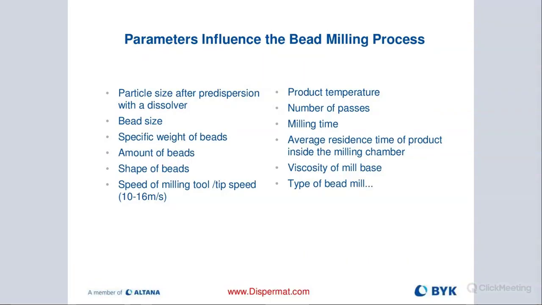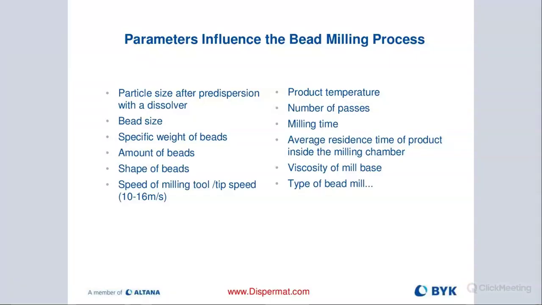Okay, so here are some of the critical parameters that are influencing our milling process. The particle size, again, 10 to 30 microns after our pre-dispersion process is ideal to guide us right into the milling process. Bead size, again, select the right size of beads.